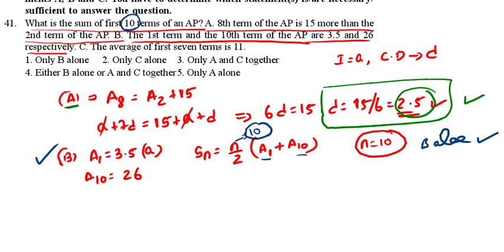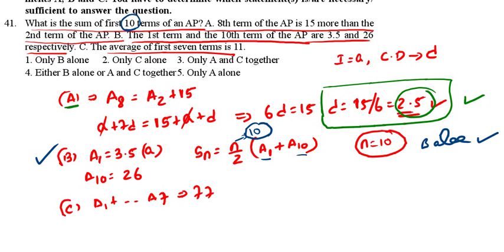Now you see C. The average of the first 7 terms is 11. First 7 terms means A1 up to A7. The average is 11, so 7 into 11 is 77.